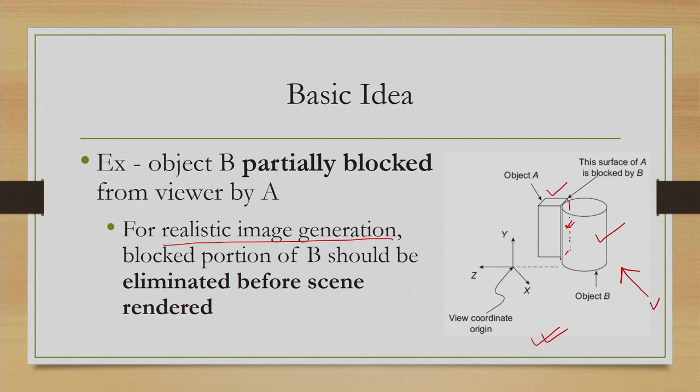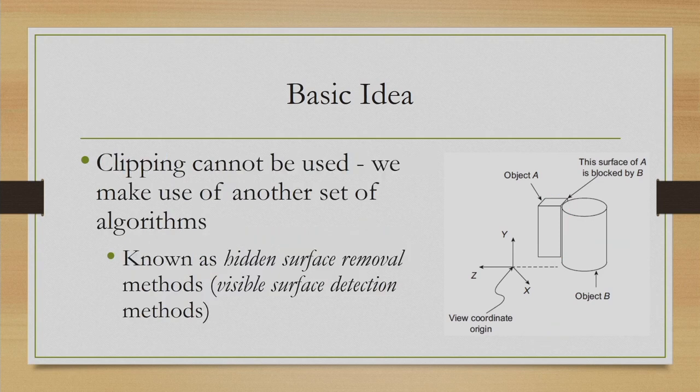So, before we render the image, to have the realistic effect, we should be able to eliminate this surface from the rendered image. Here in this case, we cannot use clipping, because we are assuming that both the objects are within the view volume.